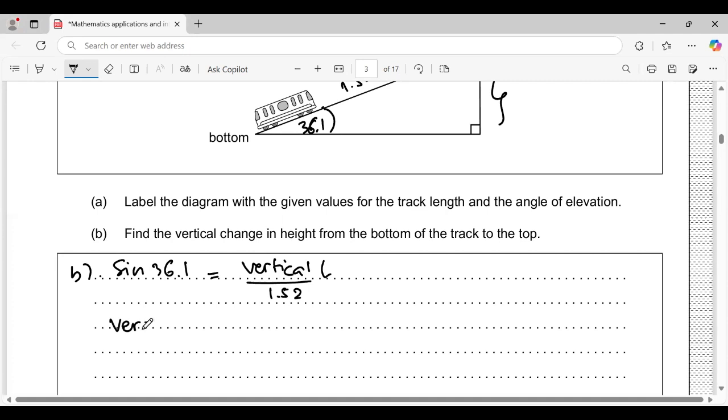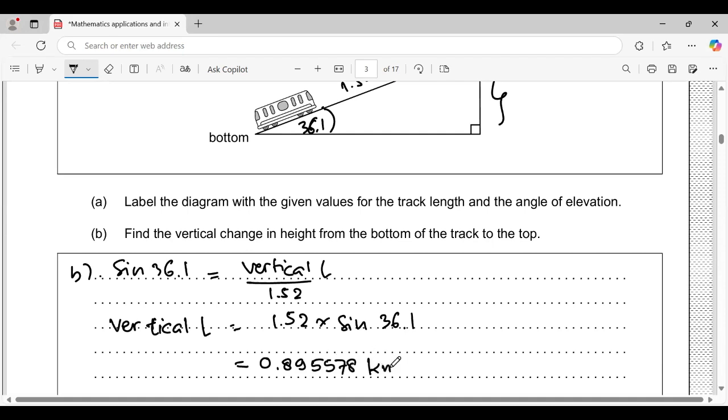So the vertical length equals 1.52 times sine 36.1. If you calculate, the result is 0.895578 kilometers, or in meters, 896 meters.